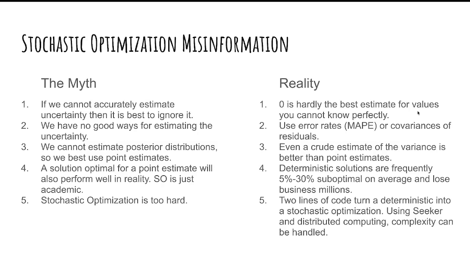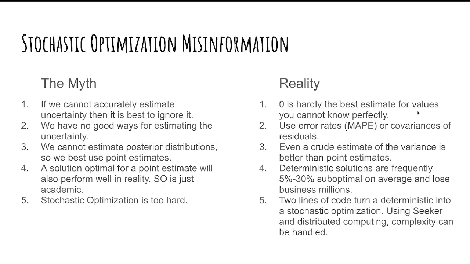Well, if you follow that line of argument, then 0 should be your estimate for absolutely anything that you can't know 100% accurately. Let me say that again. If somebody tells you, well, I don't know what my uncertainty is, so I'll assume it's 0, the variance is 0, I'll just take my point estimate, well, what they're saying is that if I don't know what a value is, then 0 is the correct value for it. That's obviously nonsense.